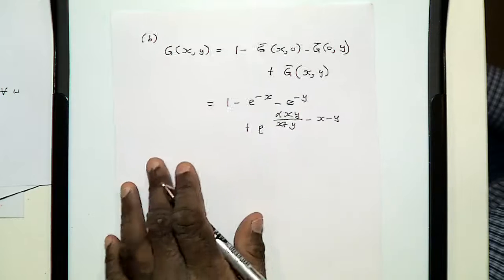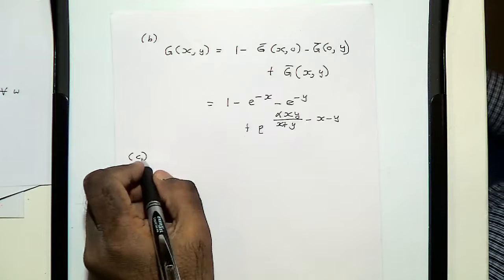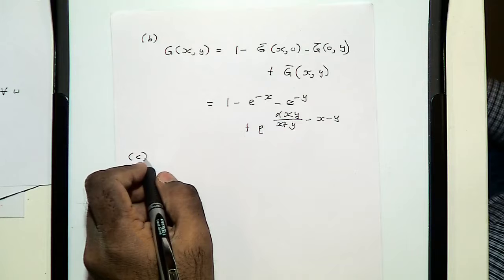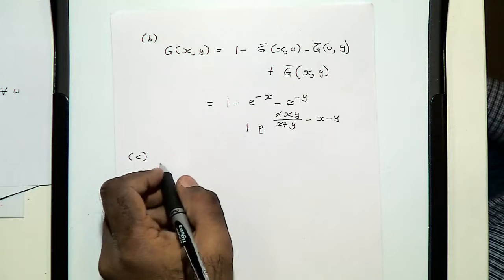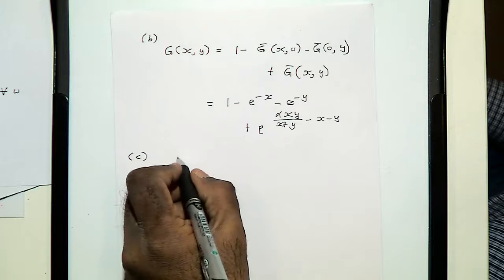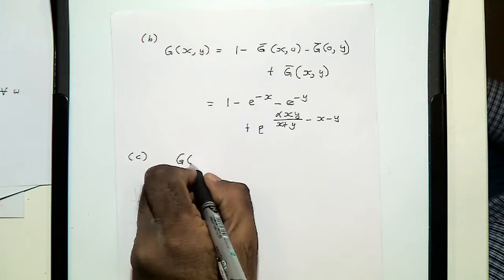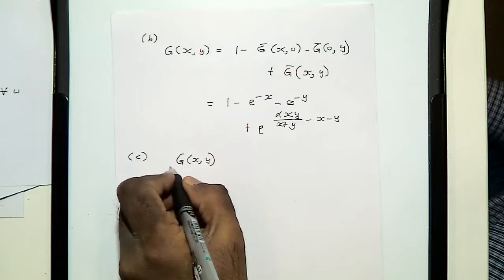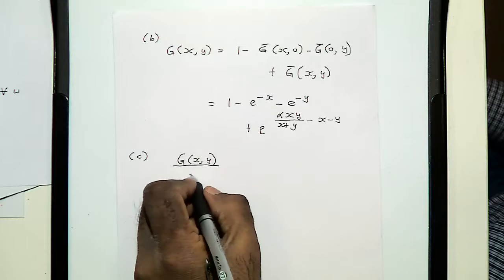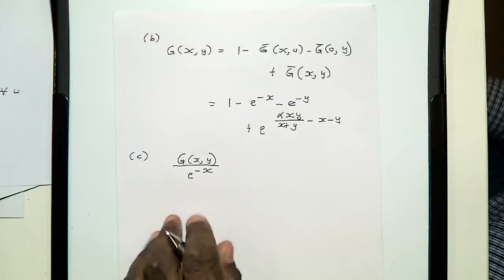So that's part B. Part C is to find the conditional PDF of y given x. So to do that, you just need the conditional CDF. So we just divide g of x comma y by the density function of x, which is this. Right? This is what you need to do.